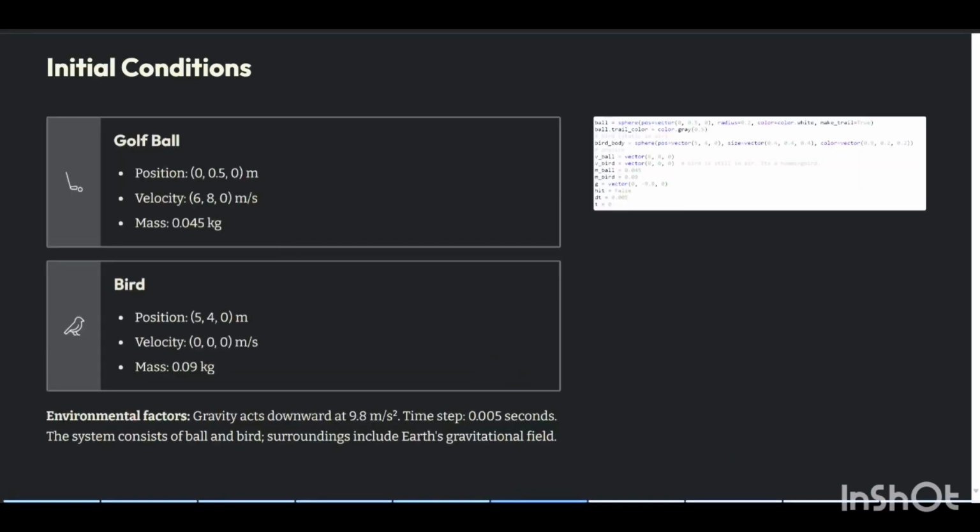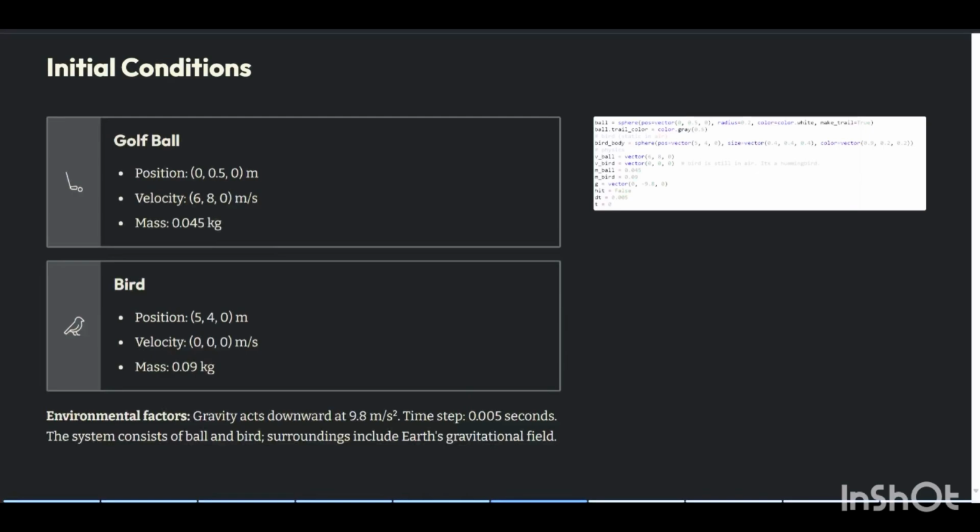For the initial conditions of our model, we selected random values to secure a collision. The golf ball has an initial position of 0, 0.5, 0 and a velocity of 0, 8, 0 meters per second, and the bird is stationary at 5 in x, 4 in y, and 0 in z, with a velocity of 0, 0, 0 meters per second.